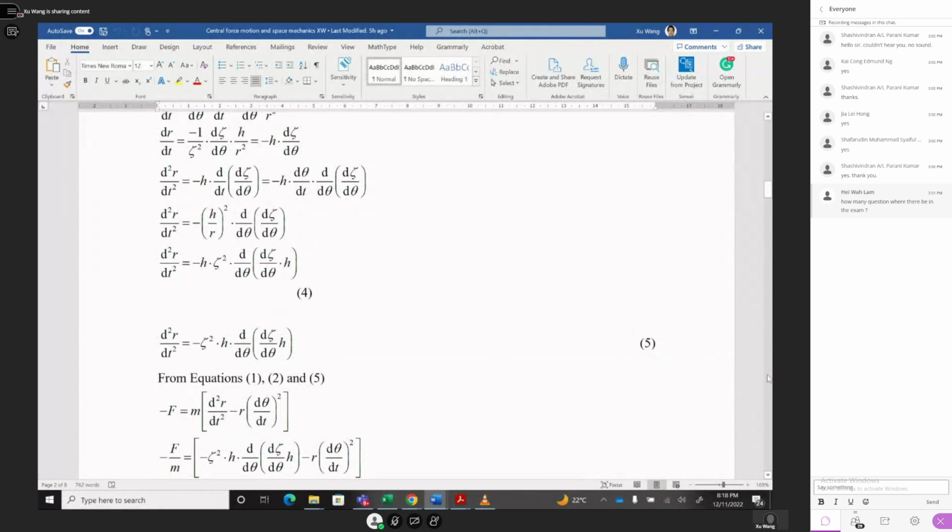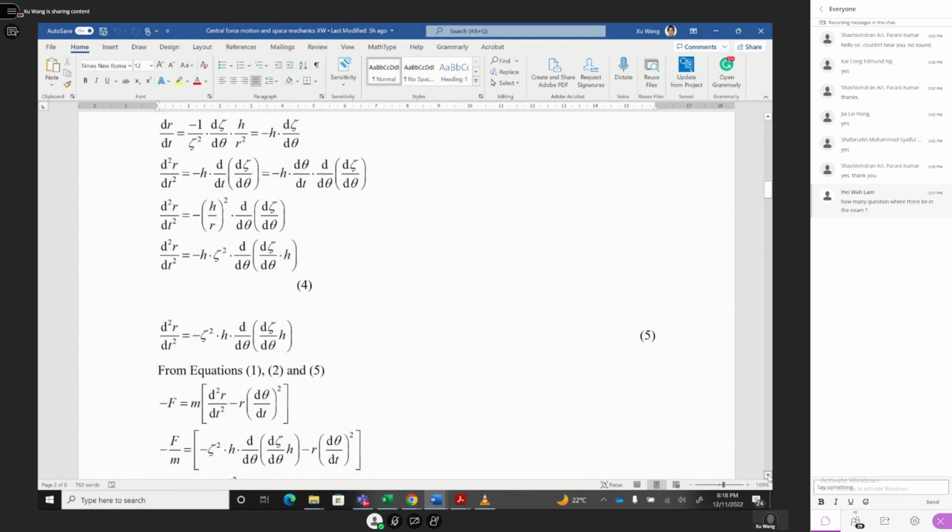After I get equation 4, you arrange it. That's done, equation 5. Okay, from equations 1 to 5, we know minus f equal to d²r/dt² minus r (dθ/dt) squared, and you replace this one, put here, this one put here, and you get this equation.